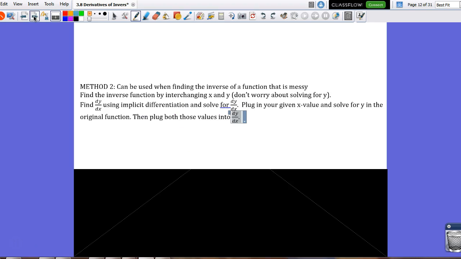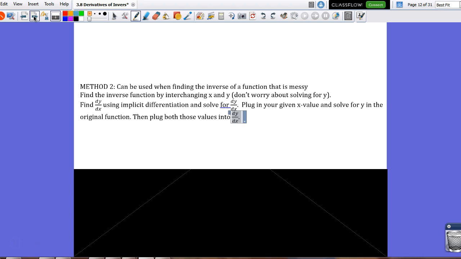So this basically is what she just asked: could you do it? Yes, you can, using implicit. It's just that where everybody makes the mistake using implicit is that you want to plug that 2 in for y, but that 2 represents the x of the inverse.